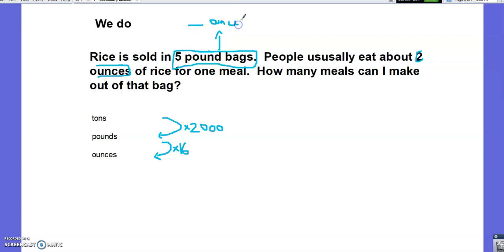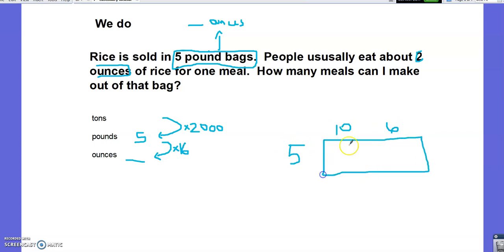And that I think will make the problem much easier to do. So we're starting with 5 pounds, converting to ounces, so 5 times 16 is 50 and 30. So it looks like this bag is 80 ounces.